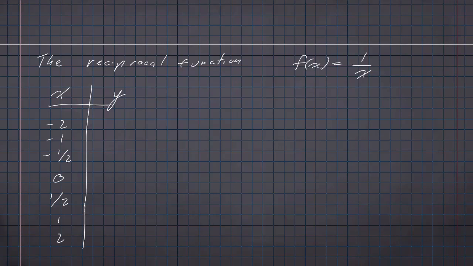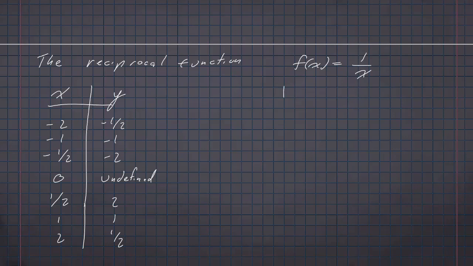The reason for that is when you take the reciprocal, you end up with -1/2, -1, -2. The reciprocal of 0 is undefined, and then you get 2, 1, and 1/2.